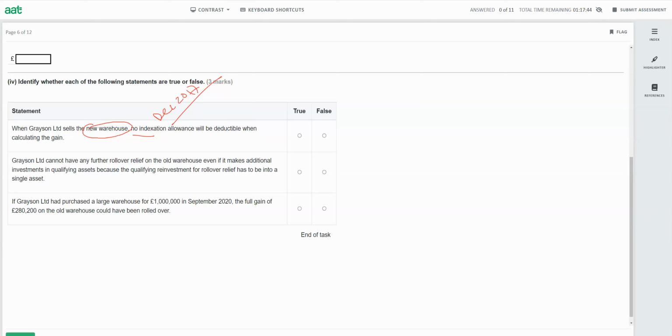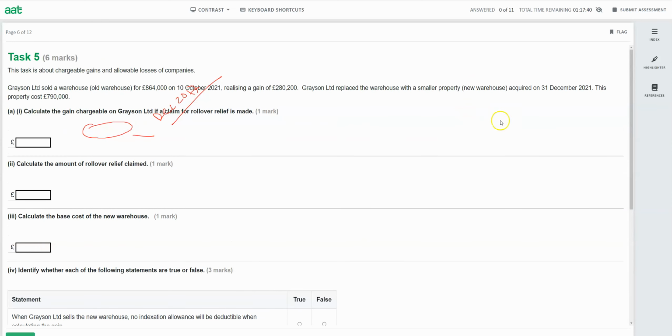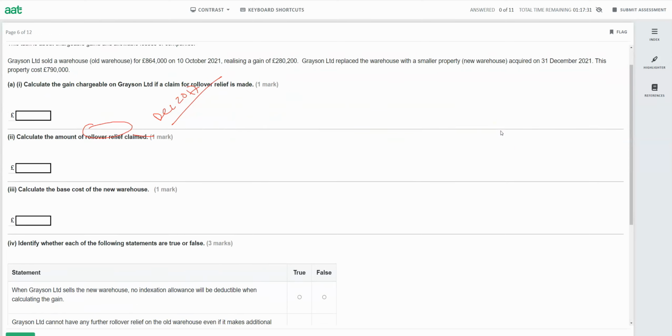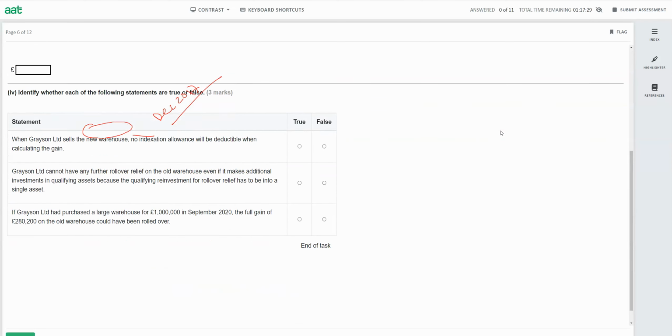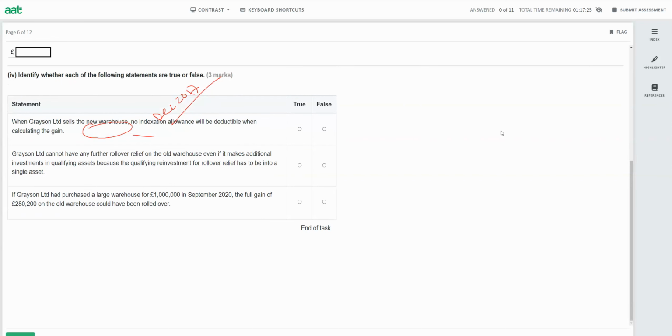So let's have a look at when we are buying this asset. We are buying this asset in December 21. So if we buy an asset in December 21 and sell it later on, we're not going to get the indexation because the indexation stopped in December 17. And of course, you can see this information in the reference material as well.